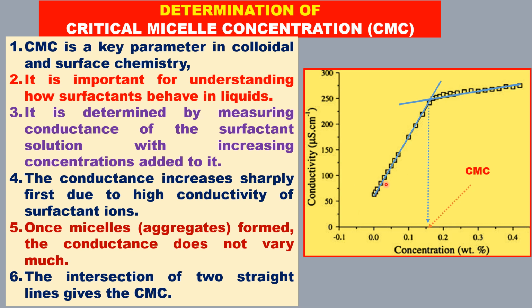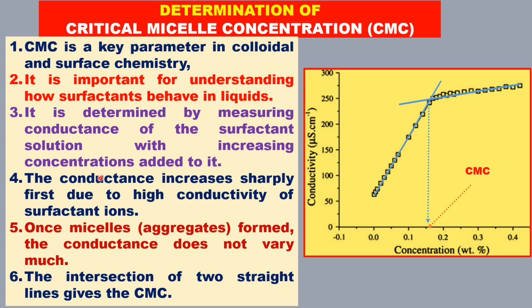So there are two straight lines obtained. From the intersection of the straight lines, we get the CMC, the critical micelle concentration, the minimum concentration at which micelles are formed.